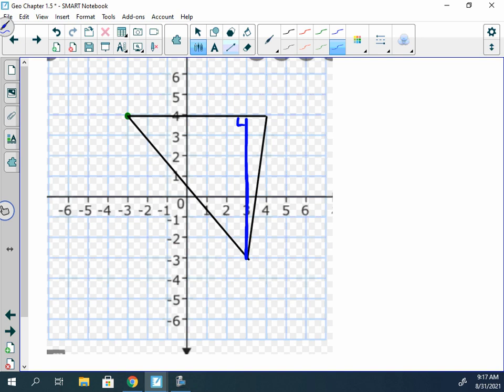Now, we can't use this point here because we can't really make a line going to the opposite side and have a right angle. We can, but most likely it might be somewhere up here or somewhere in between. It wouldn't be a nice straight line. We could do it with this one here and come this direction, but do we know what that location is? No, we don't know what the points of that spot are.